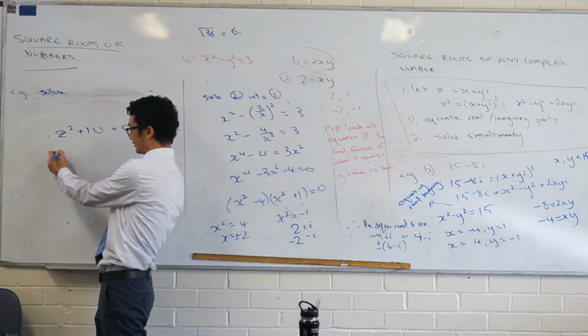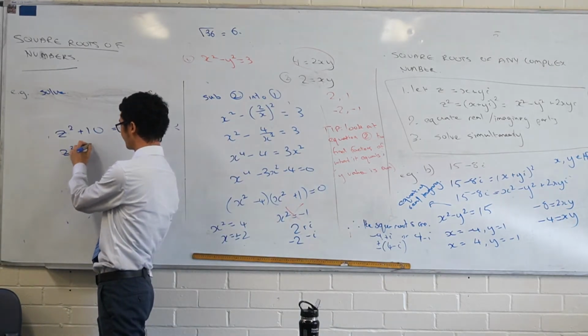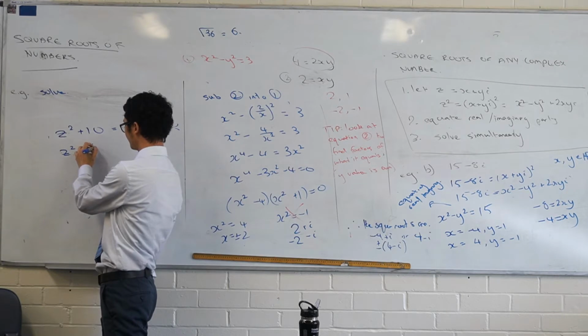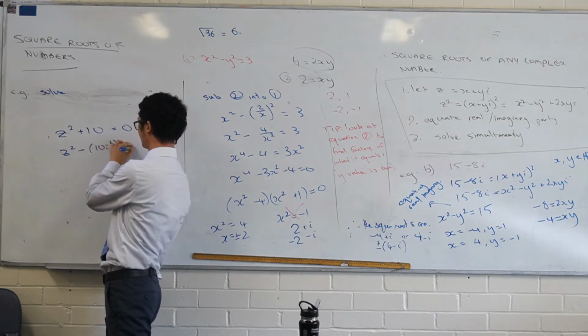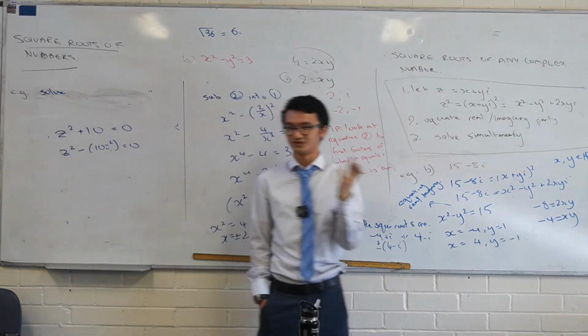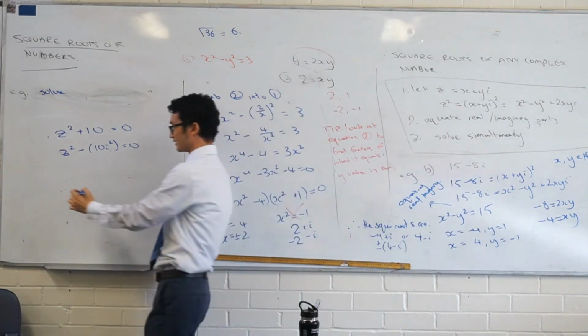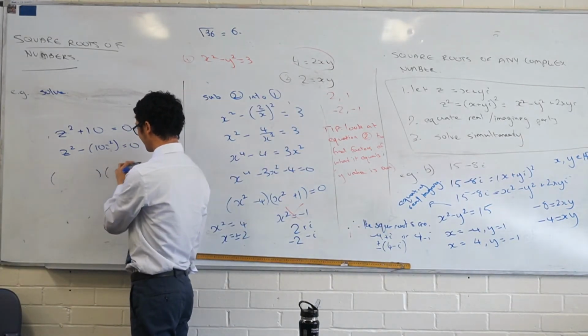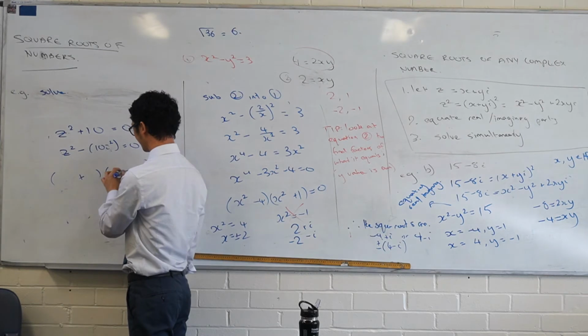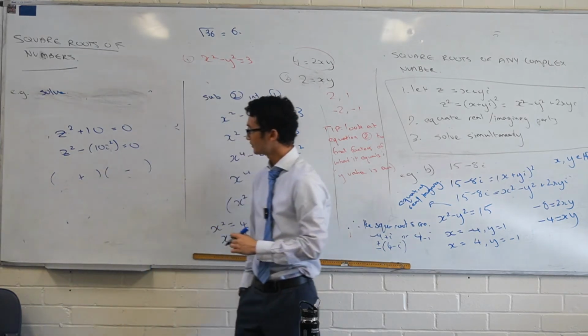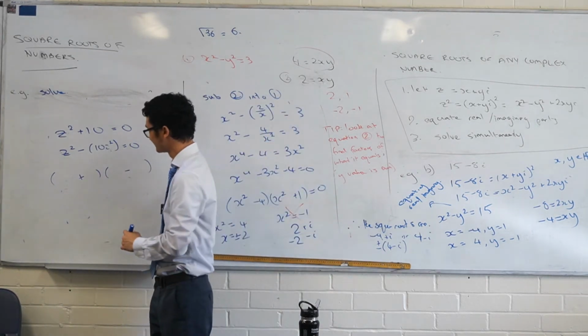If you'd like, I can rewrite this. And so this is just a difference of 2 squares. If I have a difference of 2 squares, I can put them into 2 brackets. Something plus something, something minus something. What are those somethings?